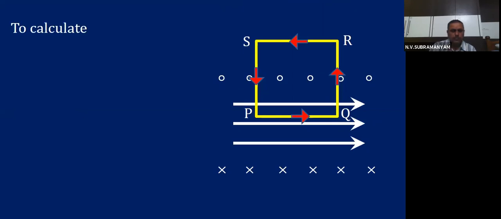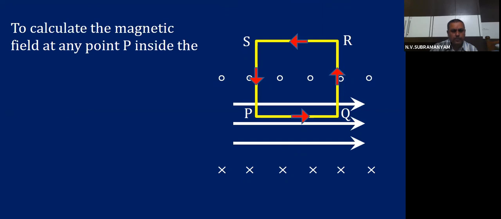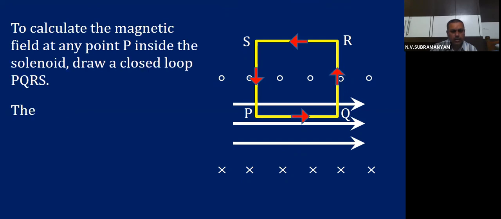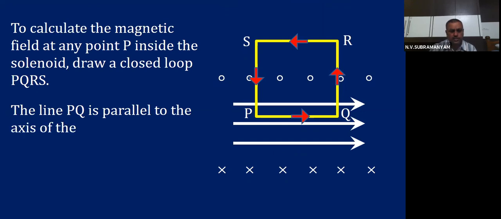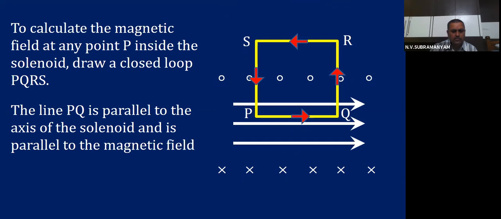To calculate the magnetic field at any point P inside the solenoid, draw a closed loop PQRS. The line PQ is parallel to the axis of the solenoid and is parallel to the magnetic field inside the solenoid. That is visible already. See the lines.